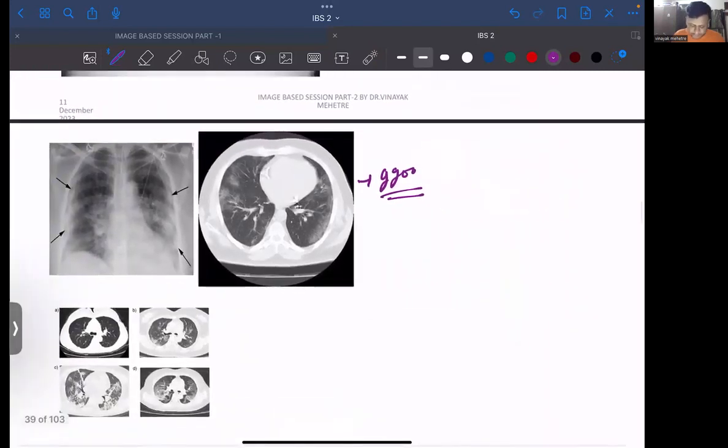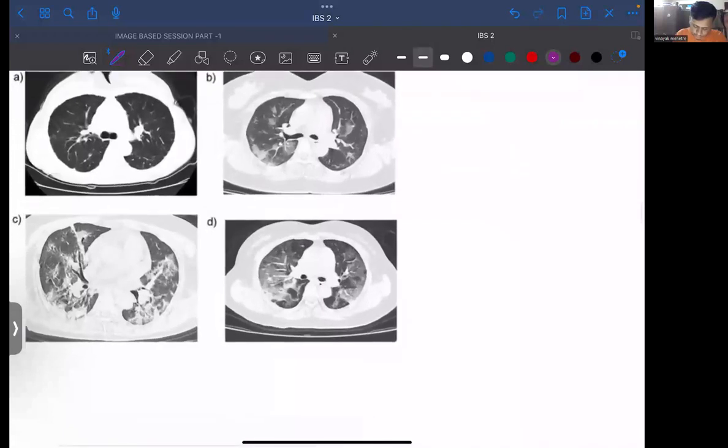ये कहाँ मिले हमें? वी हैव सीन दिस, है ना? You got to know after COVID came, but actually it was used for other diseases as well. Okay, ground glass opacities. हमने अभी देखा, it is seen in asbestosis as well, right? In COVID, you will see it. Simple याद रखना.